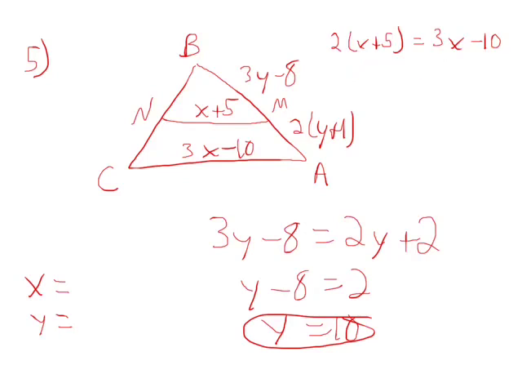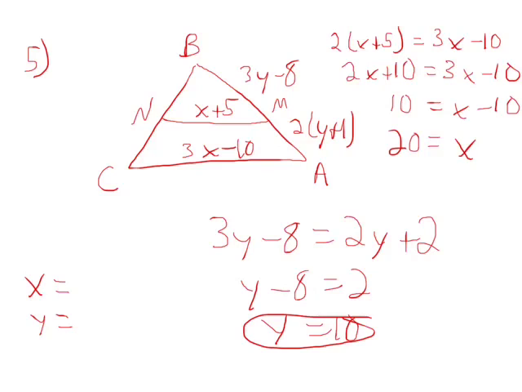After I distribute, I get 2x plus 10 equaling 3x minus 10. I solve for x by subtracting 2x from both sides, and you get 10 equals x minus 10. I add 10 to both sides, and you get x equals 20. So x equals 20 and y equals 10.